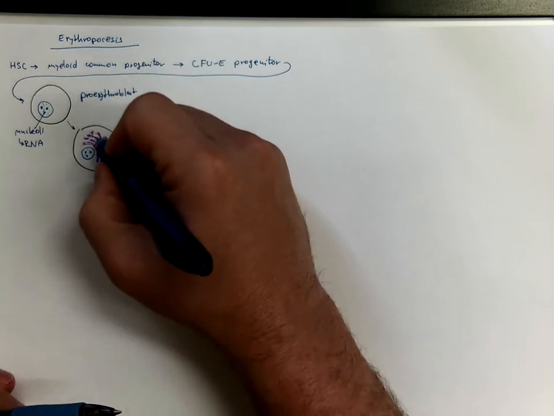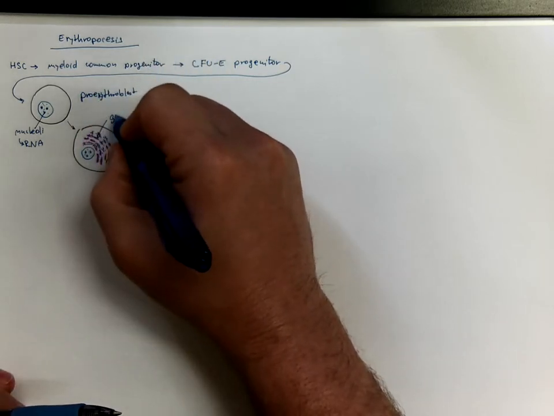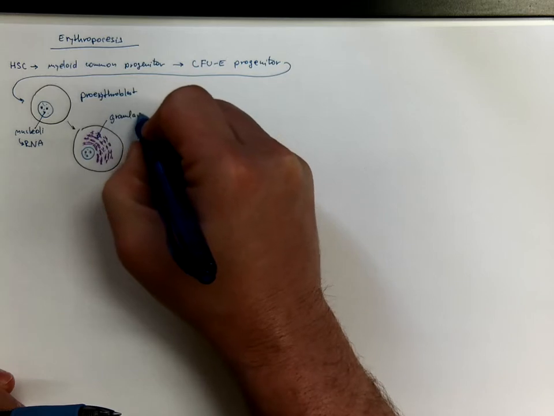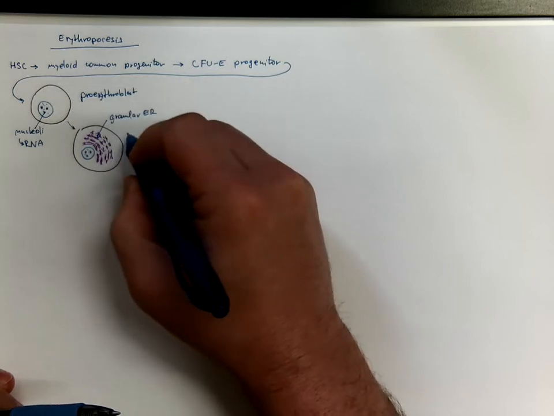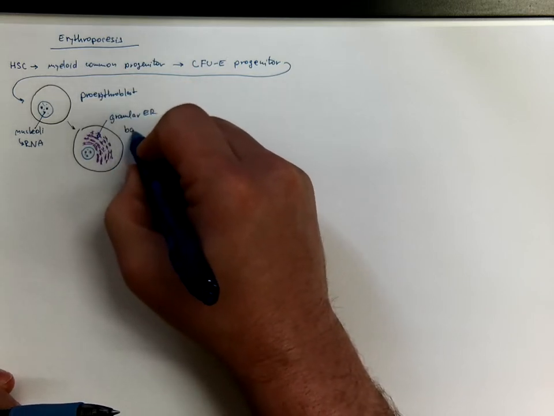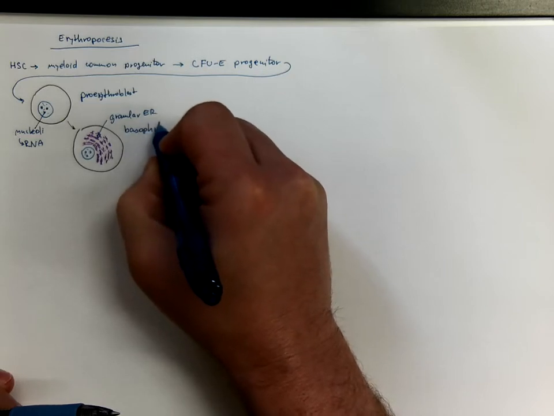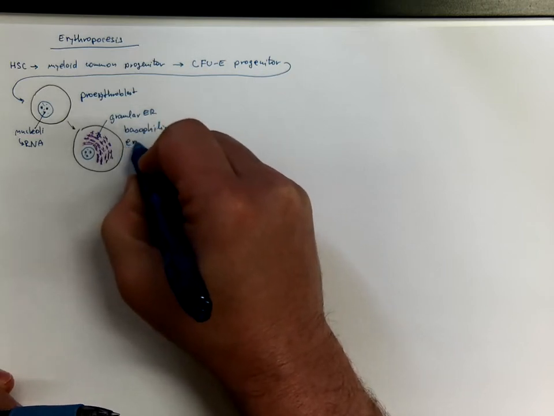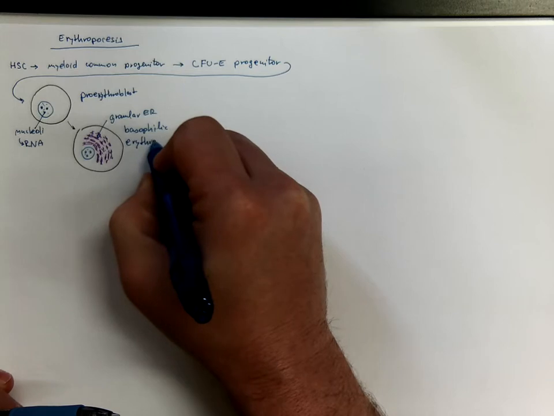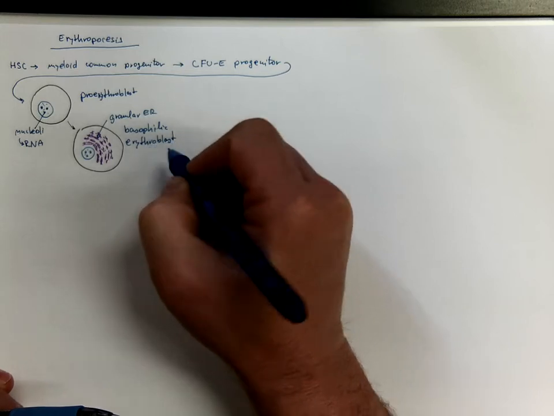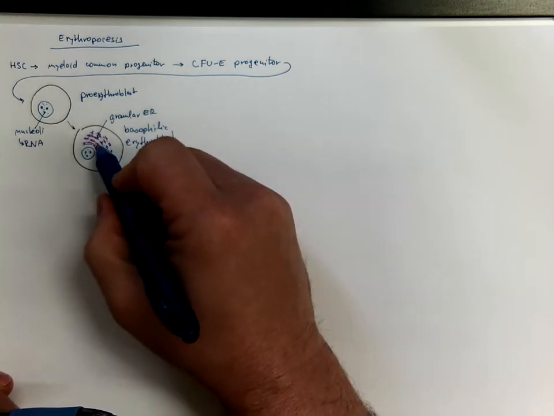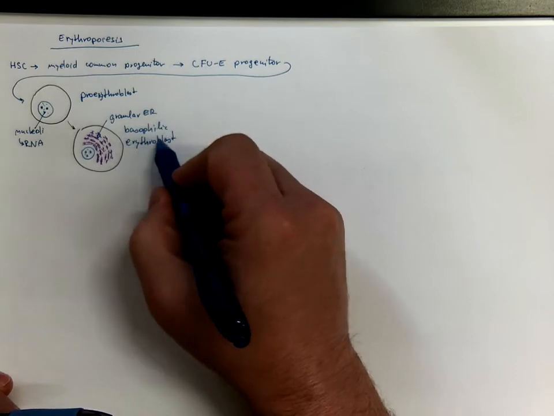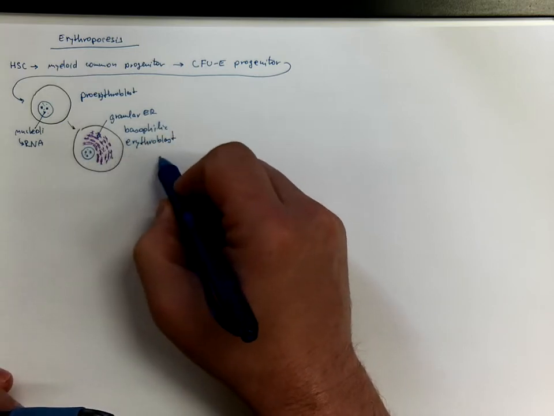So we get the granular endoplasmic reticulum, and this form is called basophilic erythroblast. The rough endoplasmic reticulum is responsible for the basophilic staining.